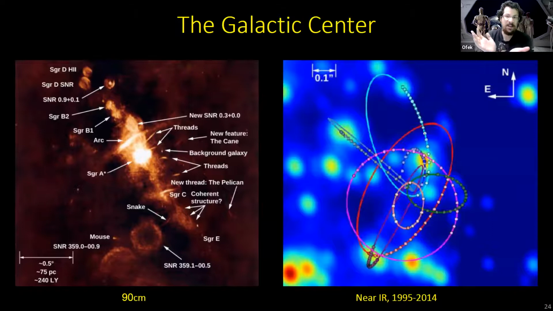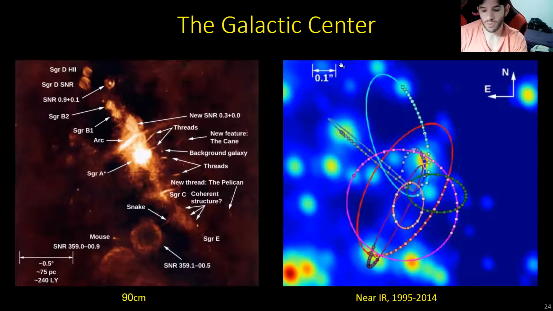So basically nothing obscures the way. It's easier from our galactic perspective to see the centers of other galaxies than we can see the center of our own.